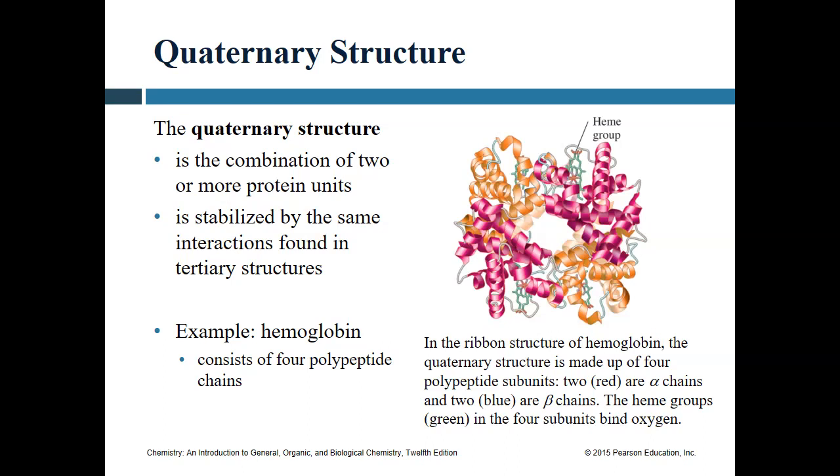We're bringing in 4 protein groups, 2 of these orange ones, 2 of these magenta ones. And together, those 4 protein groups make up this one major globular protein, hemoglobin.